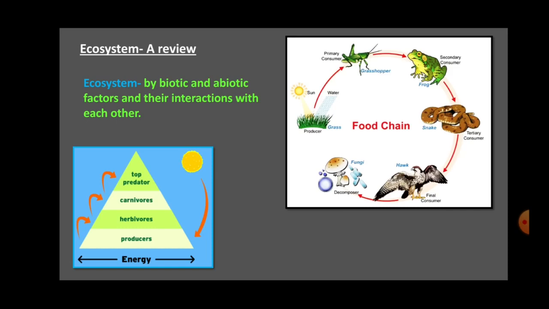So here again abiotic factors are included such as sun and water, and biotic you can see a number of living organisms. Now we have also studied that any disturbance in the food chain will lead to disturbance in nature and the environment, and that we personally are witnessing right now.